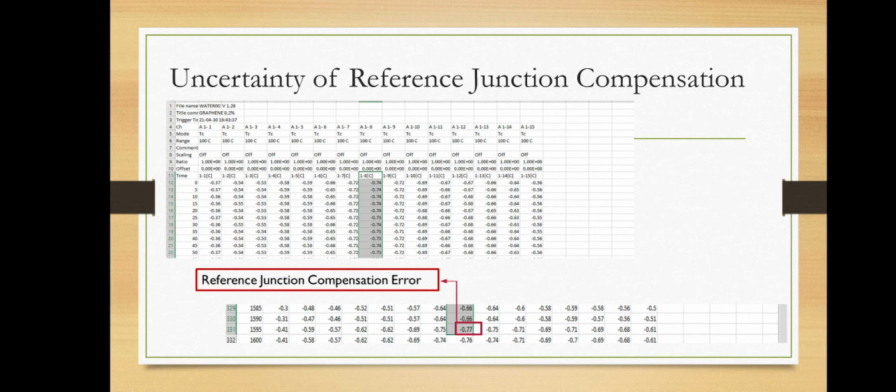Therefore, the lowest temperature of each channel indicates the reference junction compensation error. The greatest difference obtained was negative 0.77 degrees Celsius, which occurred in terminal 8. Hence, the error from reference junction compensation is negative 0.77 degrees Celsius because it has the lowest temperature.